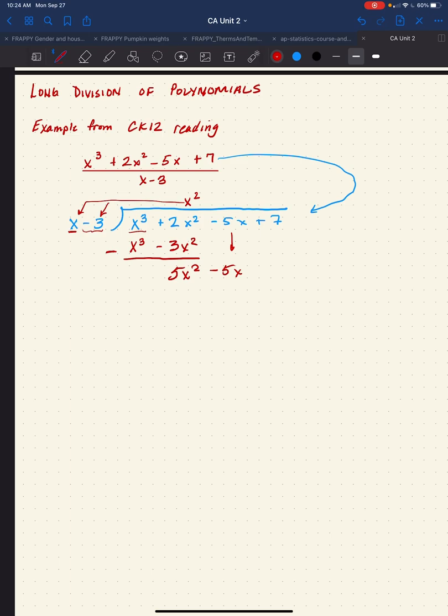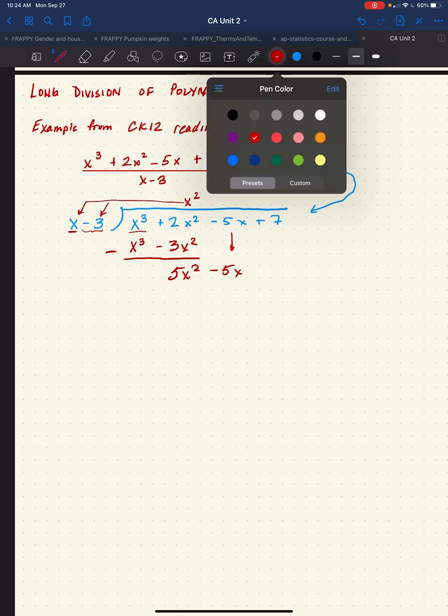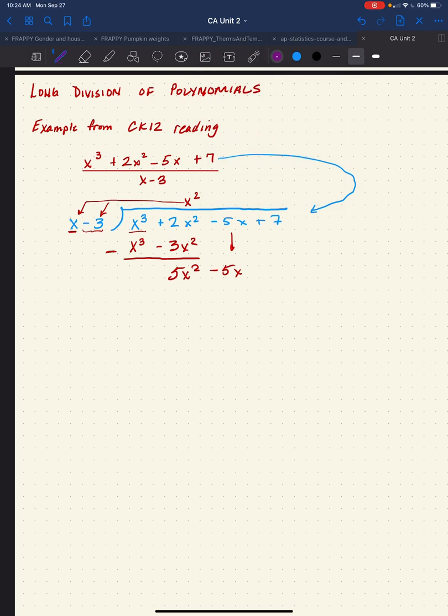Now repeat the process. This time I'm going to take the x into 5x squared. So that's going to go in 5x times, positive 5x times. And when I then take it back again, it's going to be positive 5x times x, which is positive 5x squared. 5x times negative 3 is negative 15x.